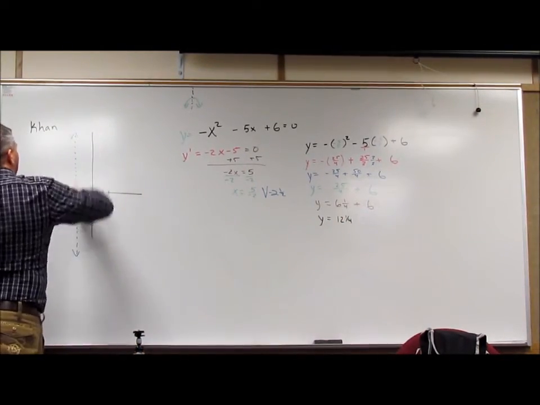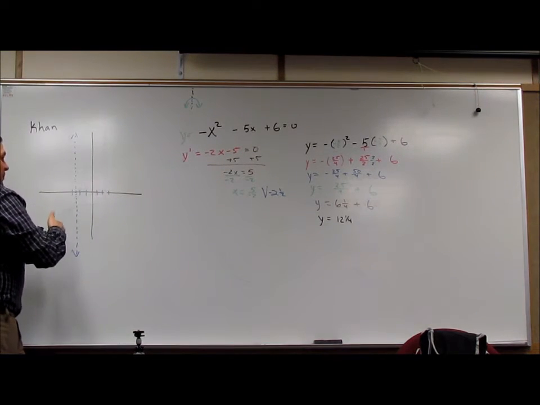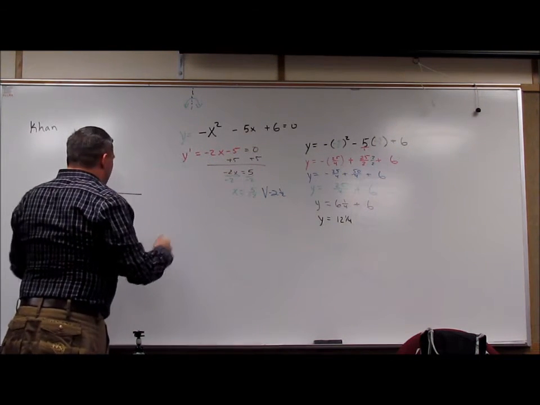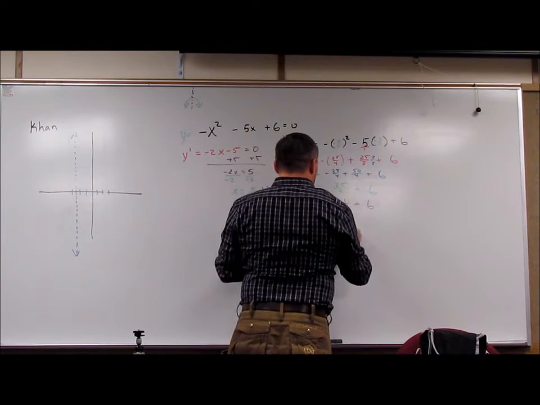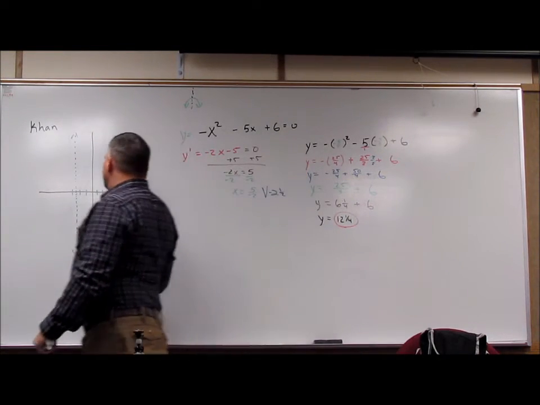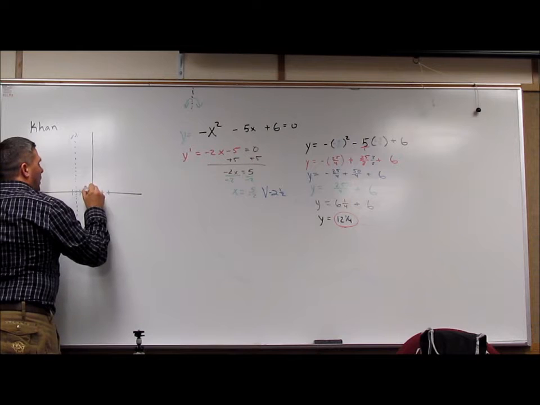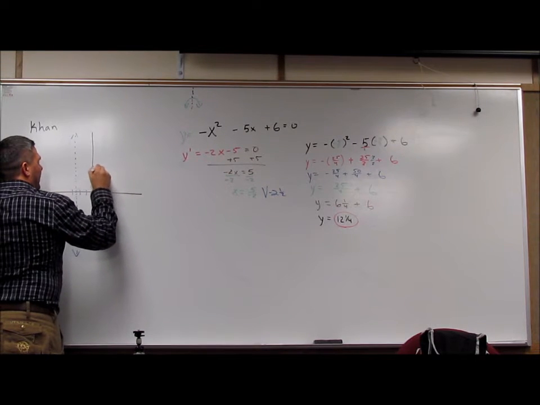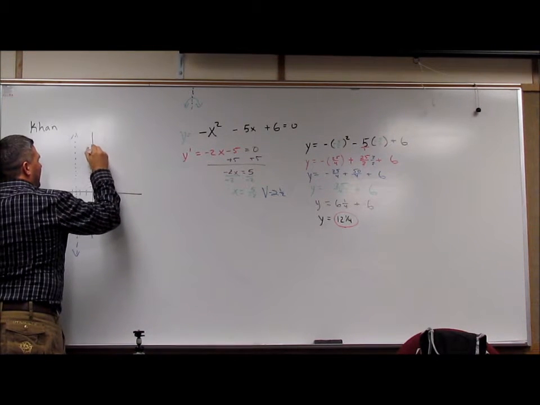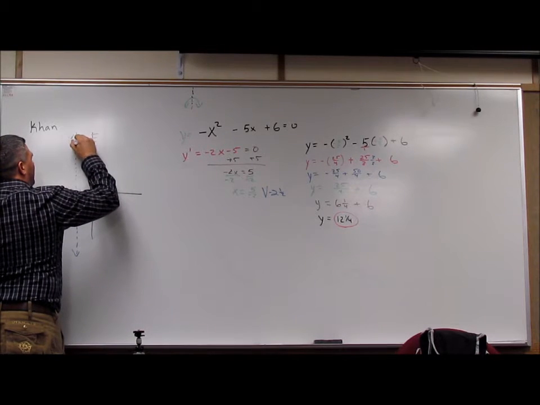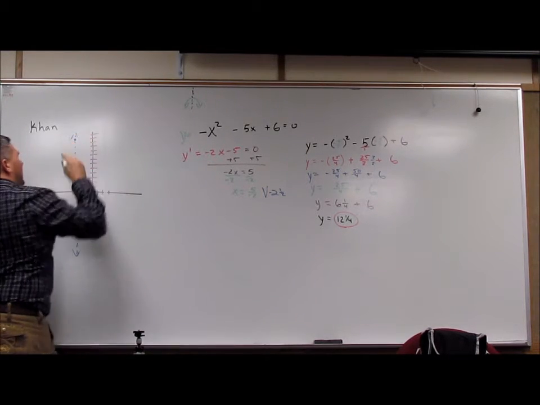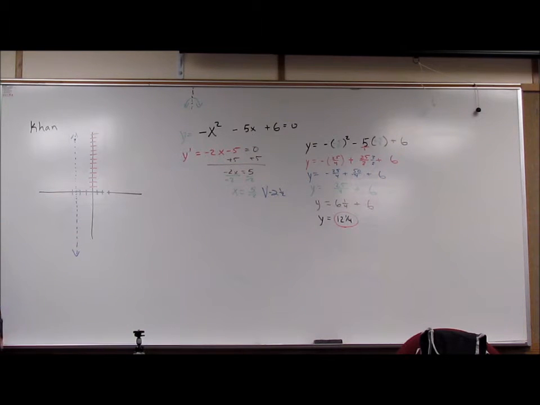So I can go along this line to 12, right? And I'll do that in red. 1, 2, 3, 4, 5, 6, 7, 8, 9, 10, 11, 12, and 1/4, so a little bit more. And so right there is that point of symmetry.